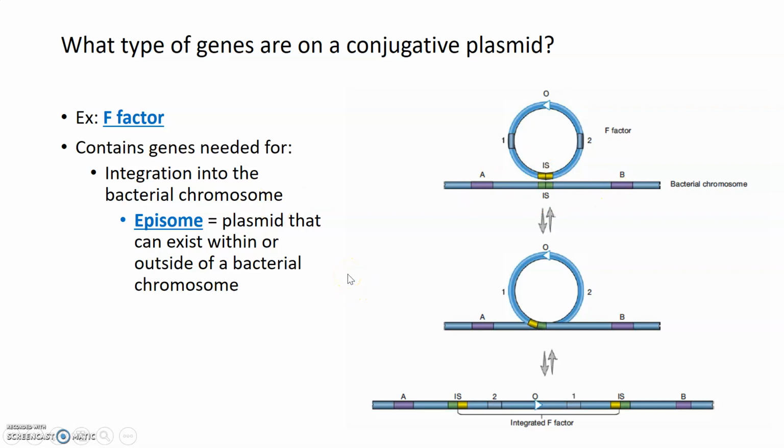Those plasmids are what are known as episomes. F factor is an episome, and it has a specific sequence known as the IS, or insertion sequence, that can line up with a corresponding insertion sequence in the bacterial chromosome and then result in integration of this circular F factor plasmid right into that bacterial chromosome, as you can see on the bottom.